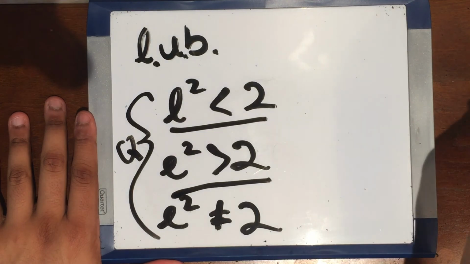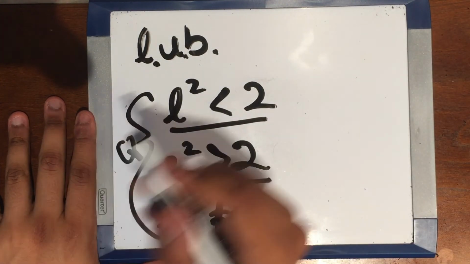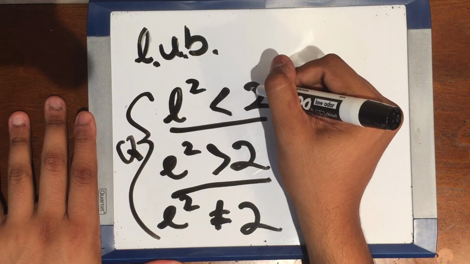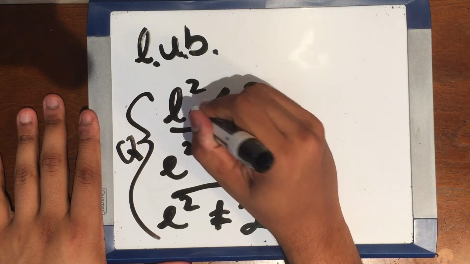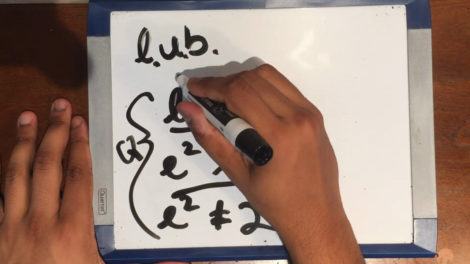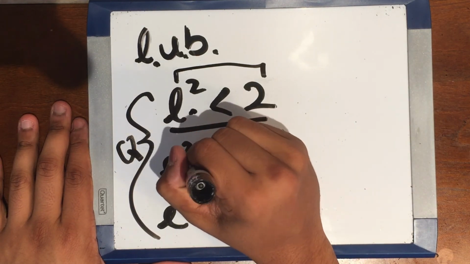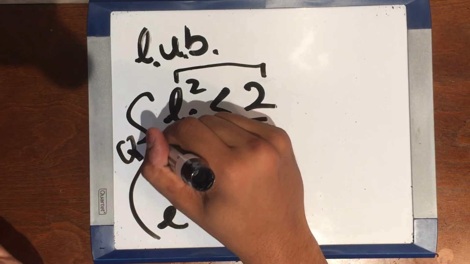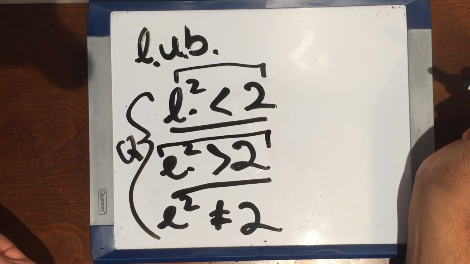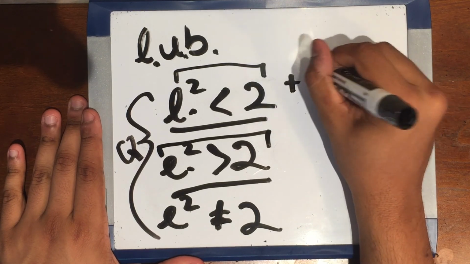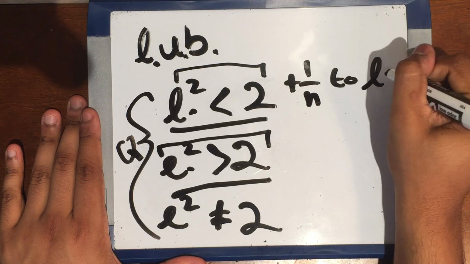We're making contradictions by forcing small rational numbers in between here, which prove that there exists a number that if you add it to this, you will still be contained in the same set. And there's a number that when you subtract it from this, a rational number, mind that, you will still be greater than 2.